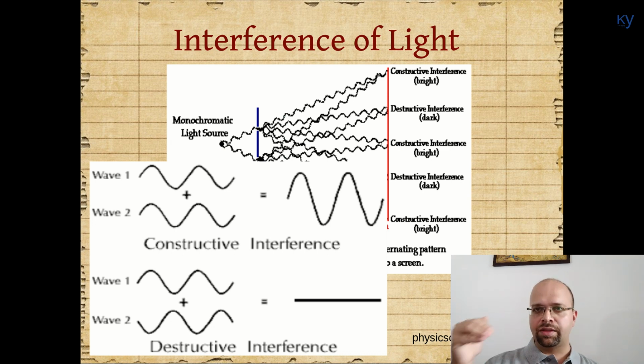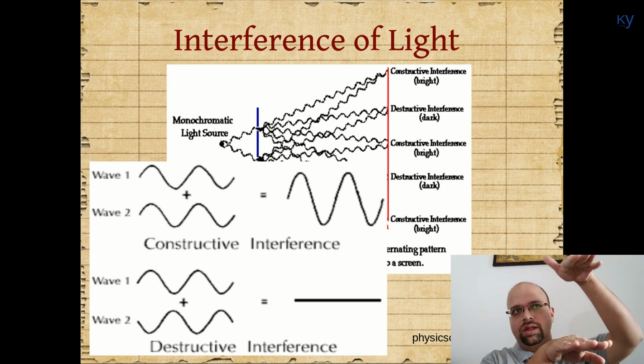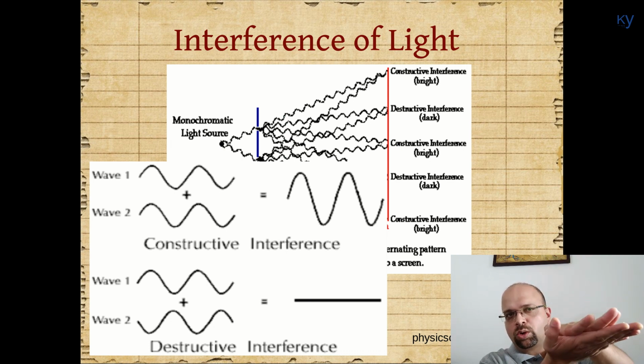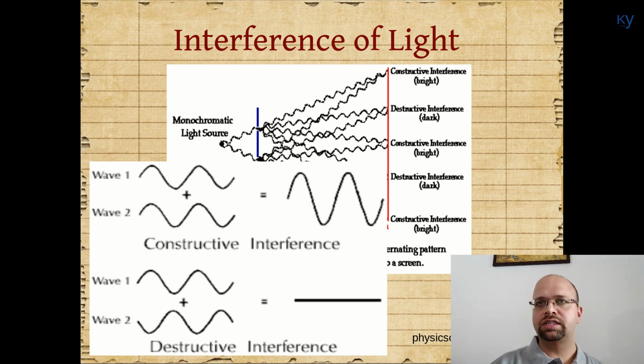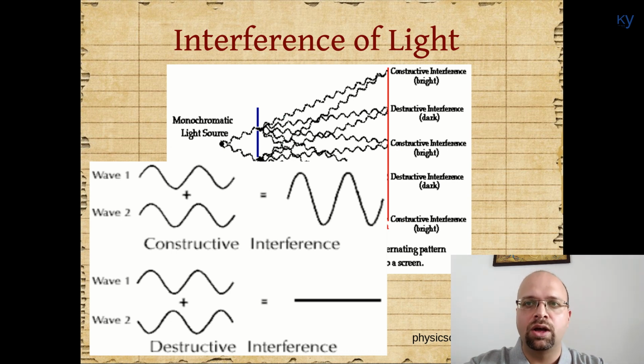Then there are other points on the screen where the waves are out of phase, as we call it. The lower part of one wave cancels the upper part of the other wave and they zero out. So you get destructive interference. If you see what the pattern looks like on the screen, it looks something like this.